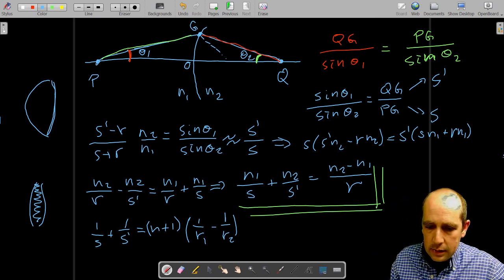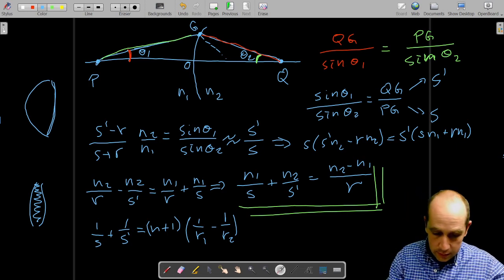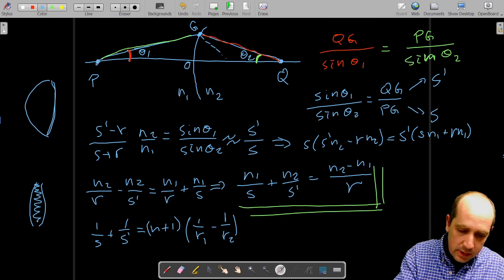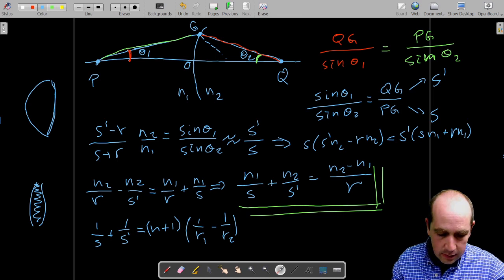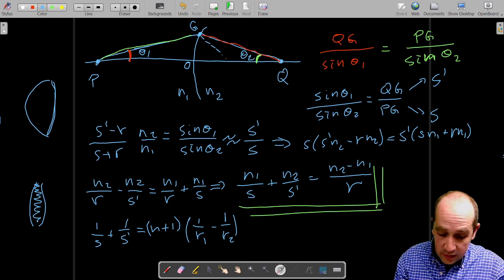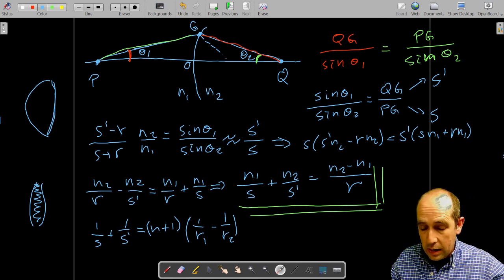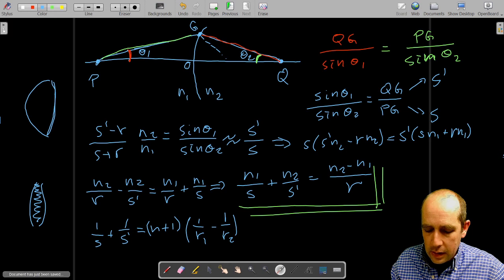And again, in the case where we take the limit of the object being very far, so when we move the object very, very far, this means that all the rays will come parallel to the optical axis, and in that case, 1 over s becomes 0, and 1 over s prime is what we define as 1 over the focal length.